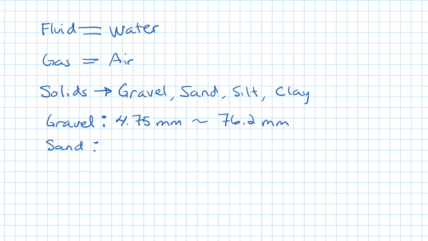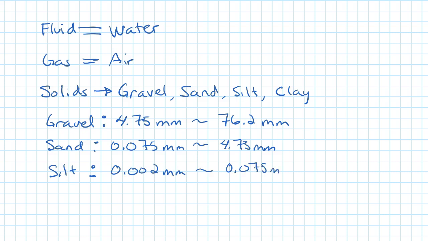Sand particles range from 0.075 millimeters to 4.75 millimeters. Silts range from 0.002 millimeters to 0.075 millimeters, and then clays will be those particles that are less than 0.002 millimeters in size.